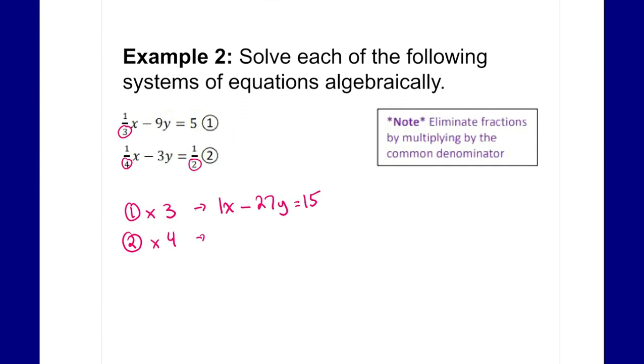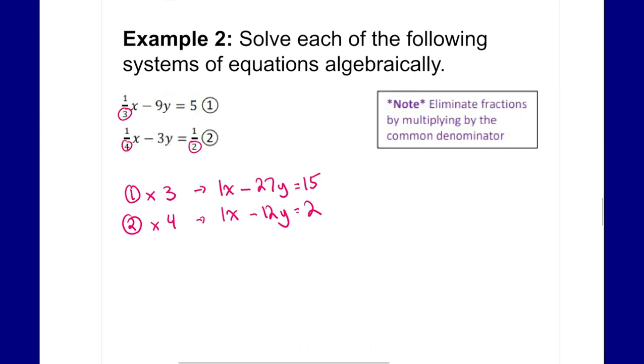Equation 2 becomes, well, 1 over 4 times 4 is just 1x. And then negative 3y becomes negative 12y. And 1/2 times 4 becomes 2. So now I've changed both equations. And I've gotten rid of my fractions.